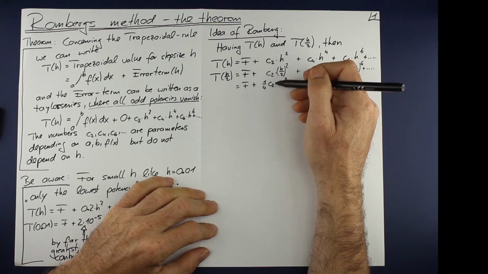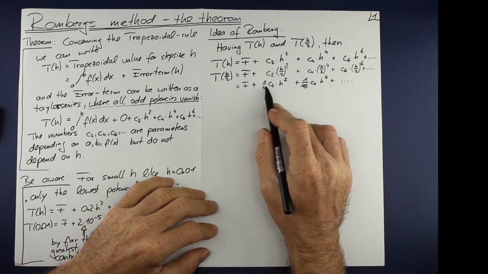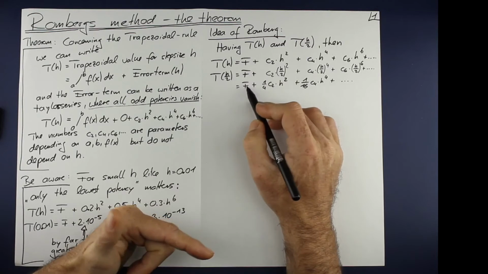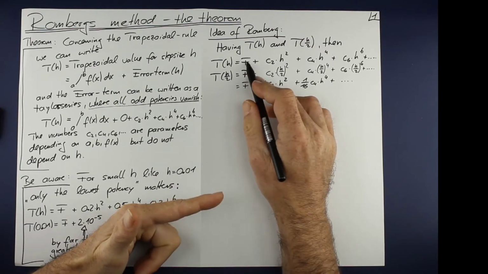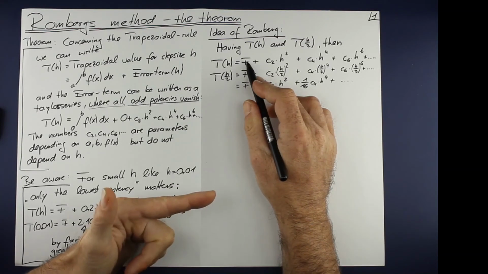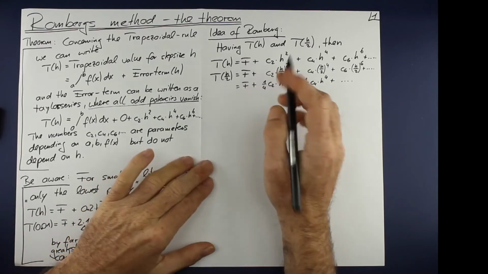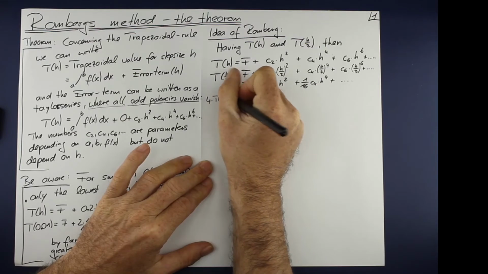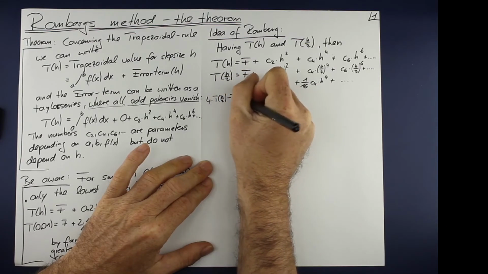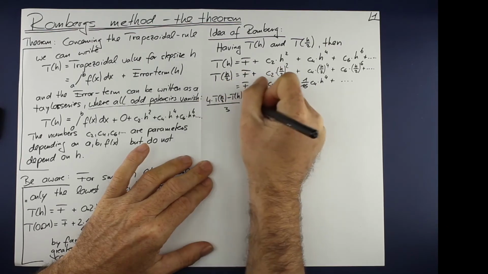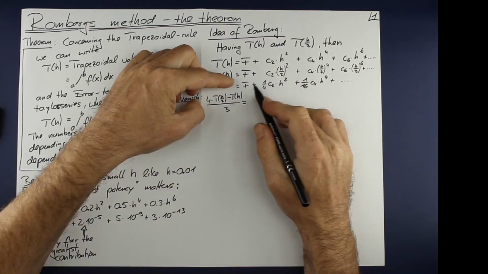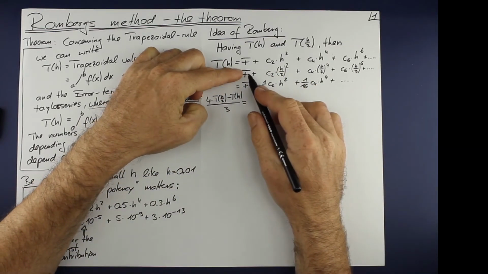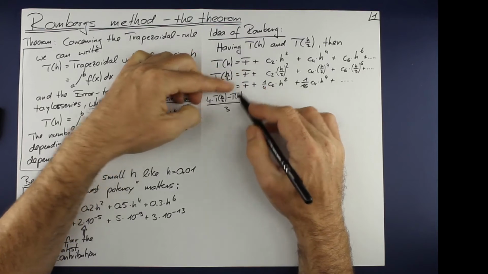And how do we do that? 4 times that minus that will be 3f. We want to have an f. So we do 4 times that minus that, divided by 3. And what do we get? 4 times f minus f is 3 times f, divided by 3.